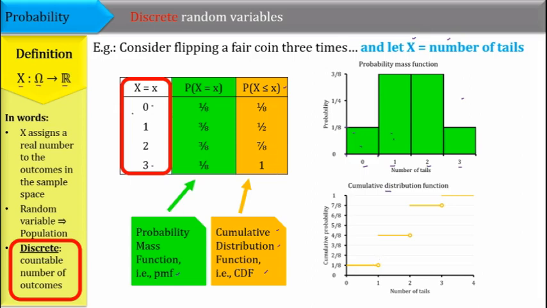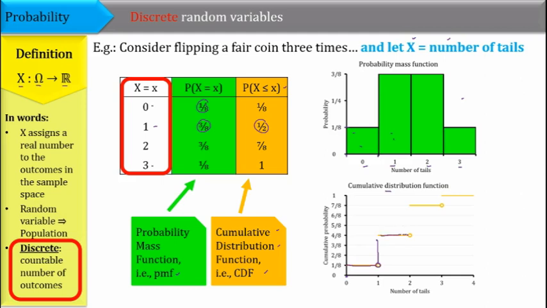In this case, when we have x equal to 0, the probability is equal to 1 over 8. So from 0, the probability is equal to 1 over 8. Then at 1, you'll see that there's a circle there. That means it's discontinuous. It jumps up to 4 over 8, because at 1 we have an additional 3 over 8 probability that's added to 1 over 8, so that gives us our 4 over 8.